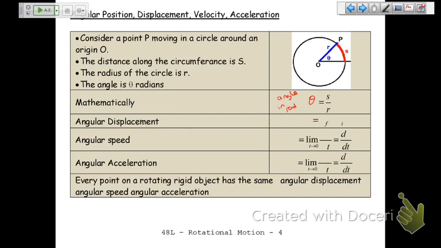The problem, the uncomfortable bit, is that there are 2 pi r meters in a full circle, and you divide that by the radius, and you get 2 pi radians per circle, which is 6.3 something radians in 1 circle.